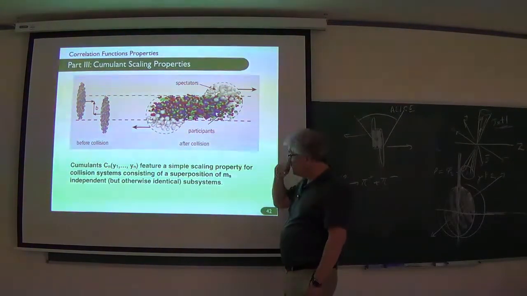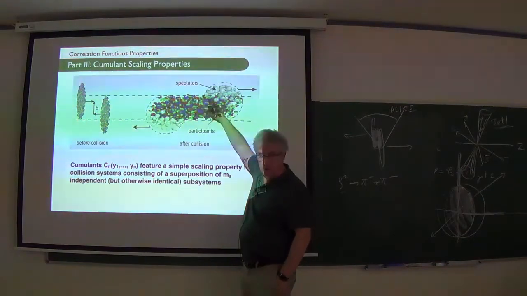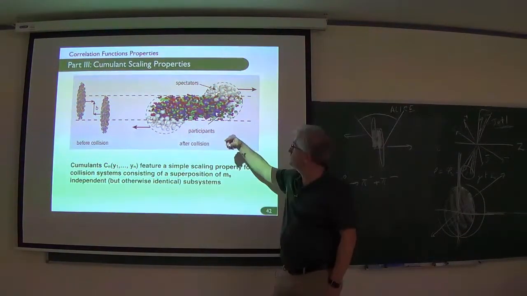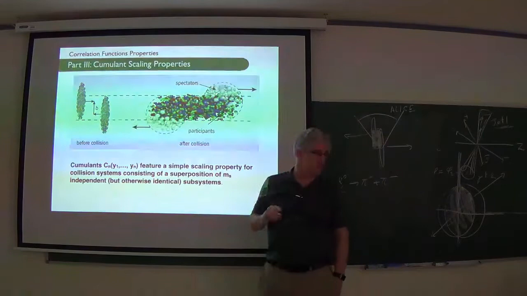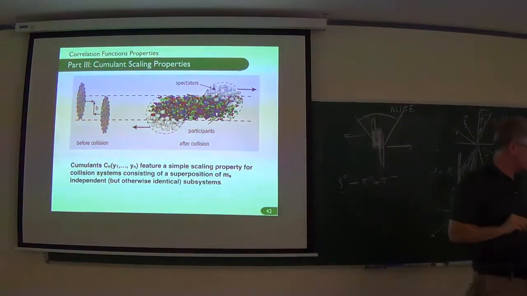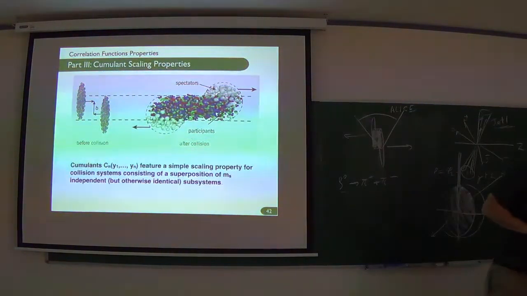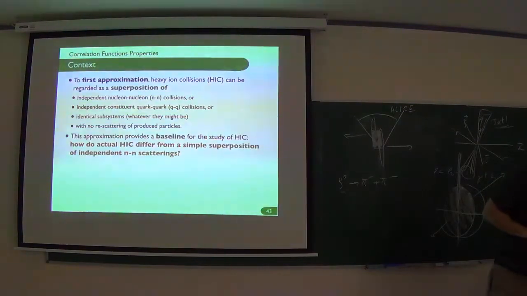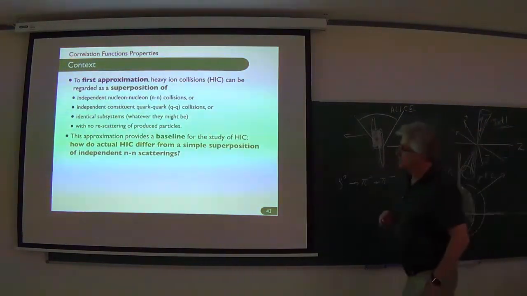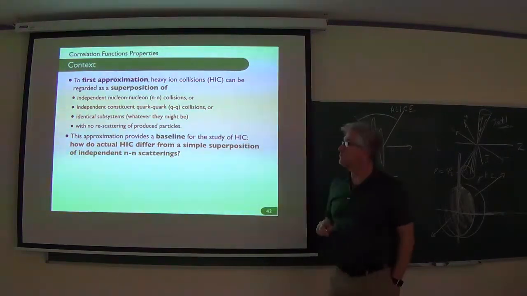When I do this, I will have large multiplicities. These large multiplicities can then be broken down into clusters of n cumulants. For the purpose of my discussion, I will make a simple approximation.